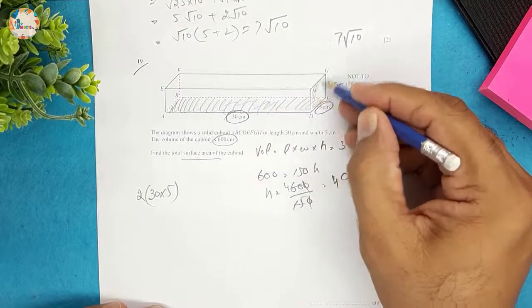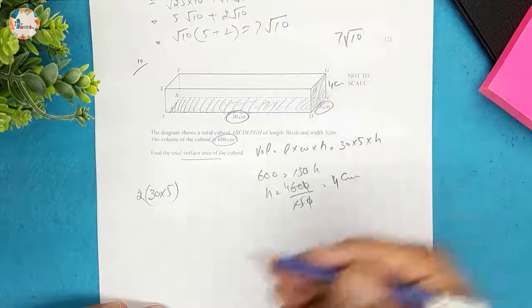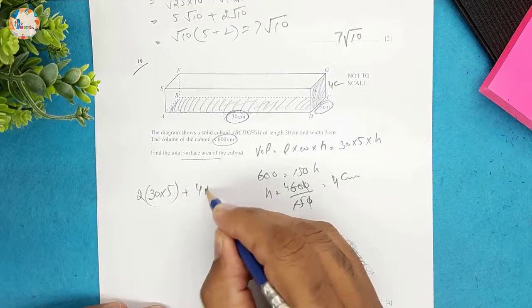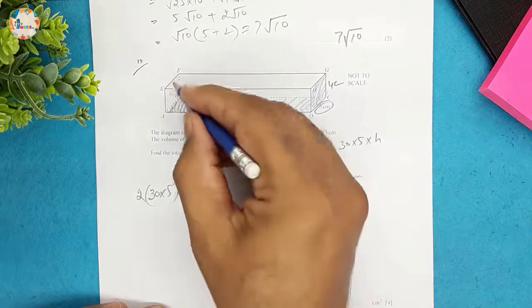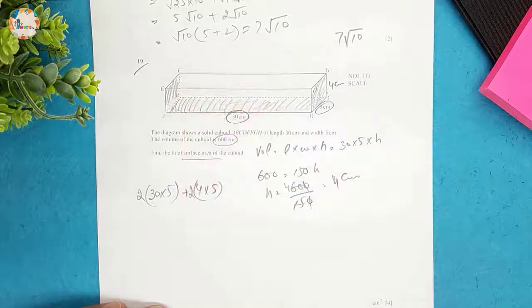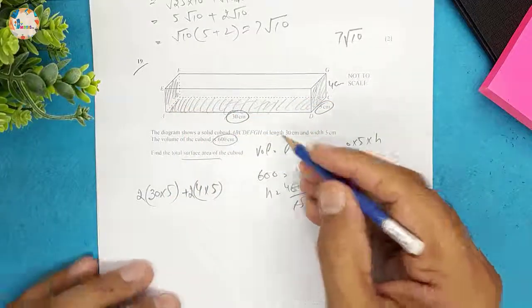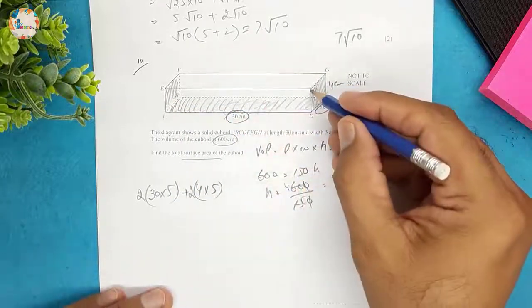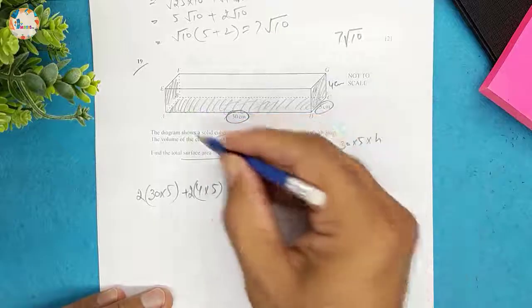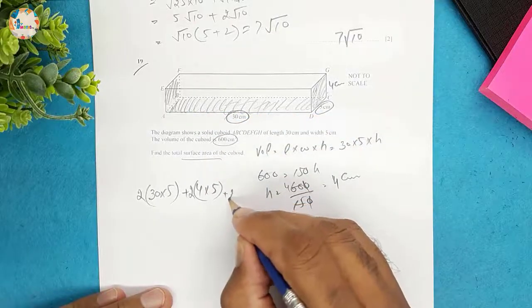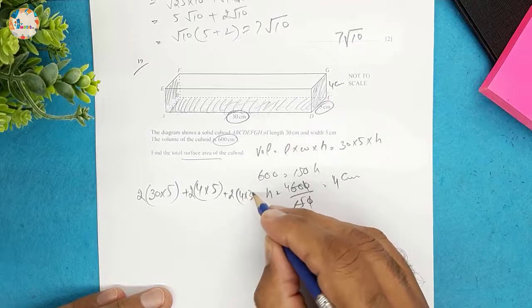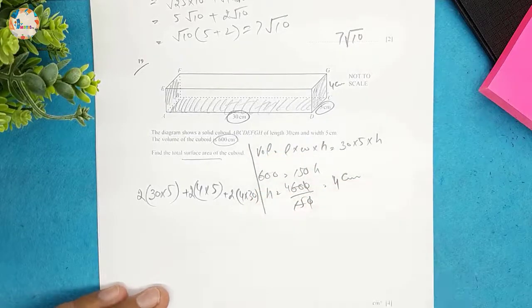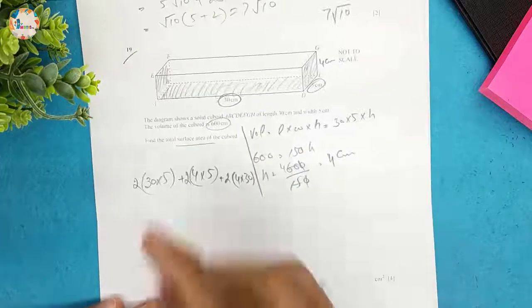And now this cross section area will be 4 into 5, and this will also be multiplied by 2 because this side will also be there, so opposite sides. Now front and back are remaining, and this will be height multiplied by 30, so plus 2 into 4 into 30, and this one we can separate with the line, and we can simplify this.